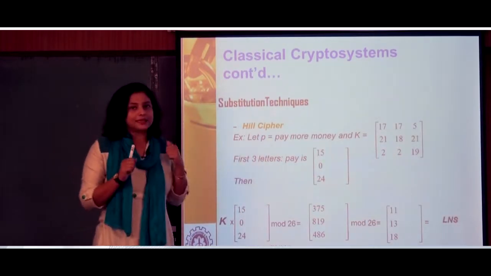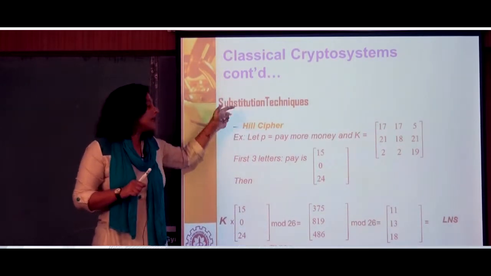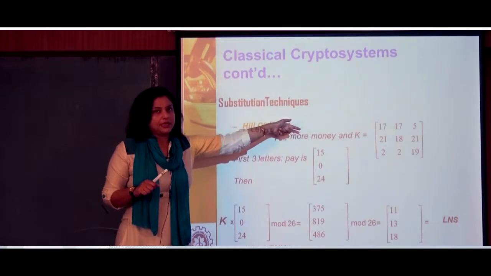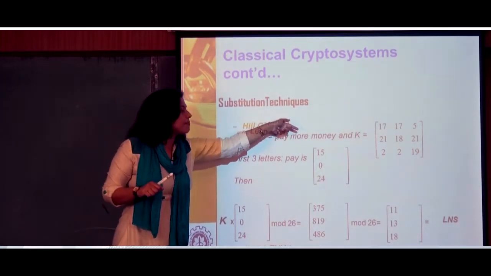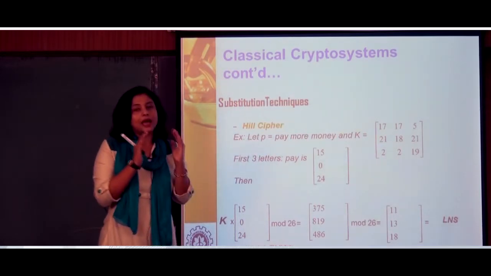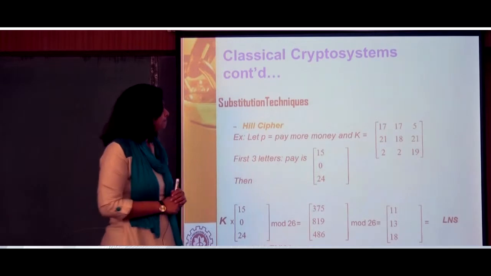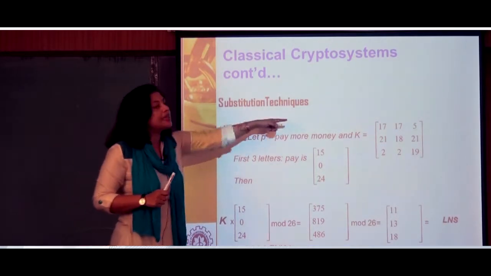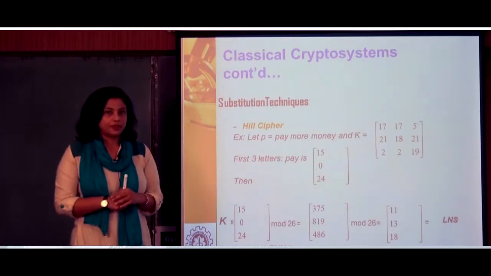In this example I have to transmit the plaintext letters pay more money. That means PAY, MORE, MONEY. So these are the 3 words that need to be transmitted over the channel. And you have been given the key matrix K to be a 3 by 3 square matrix.